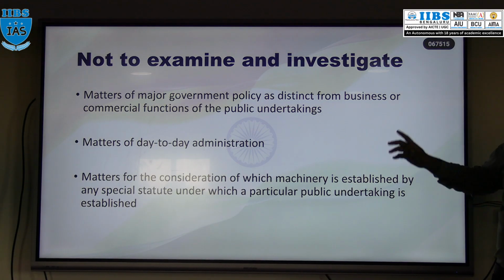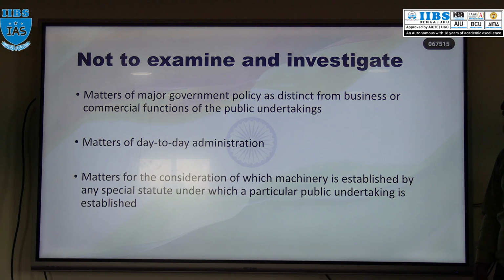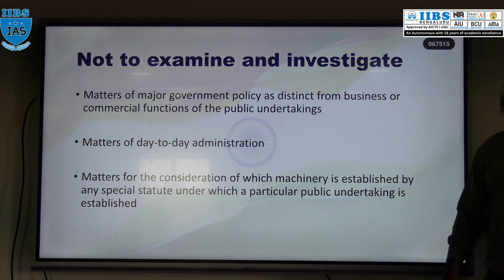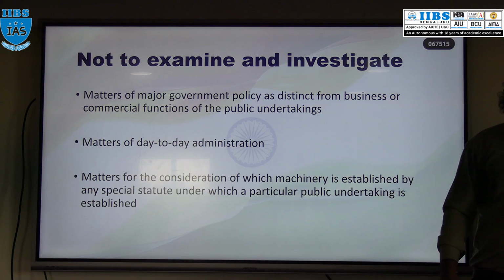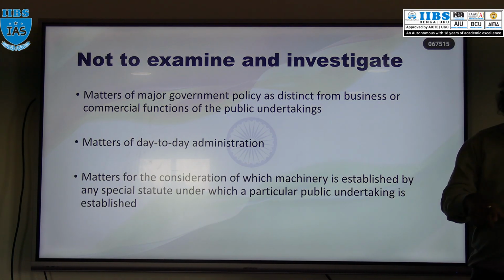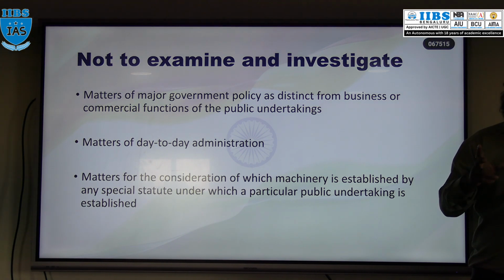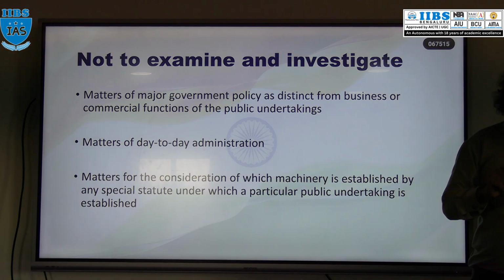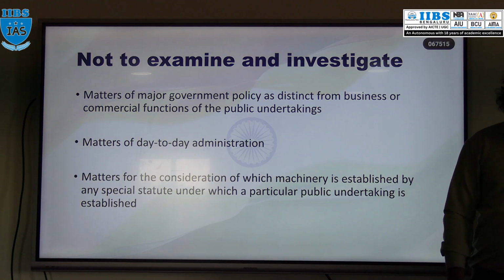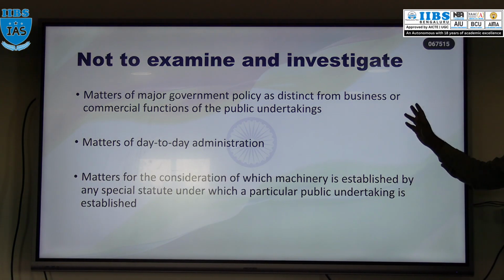This committee will not investigate or examine major government policies which are distinct from the business or commercial function of public sector undertakings. For example, if the government says we will introduce a policy or scheme under which the government is going to give a 50,000 rupees loan without collateral through SBI, that is government policy. Those kinds of things won't be examined or investigated by this committee.